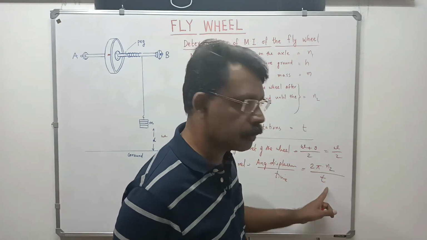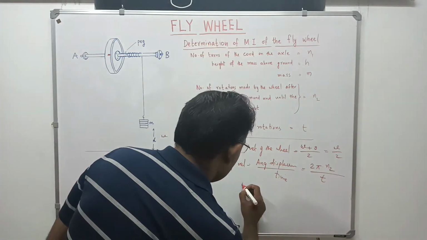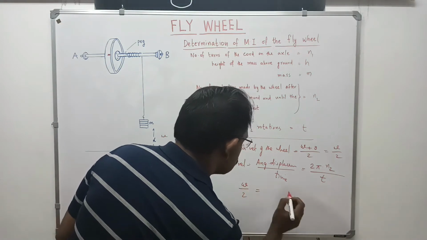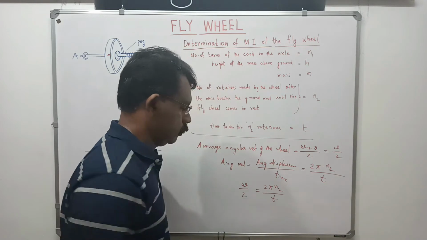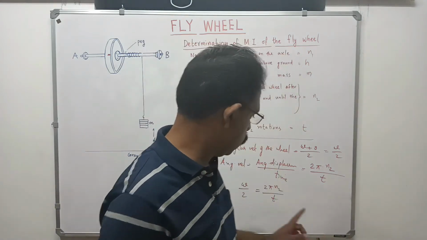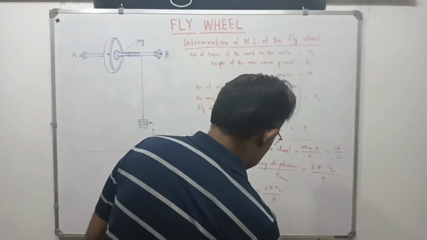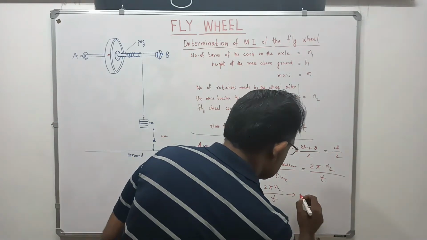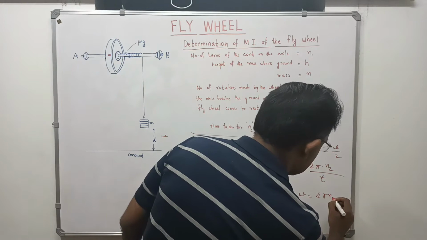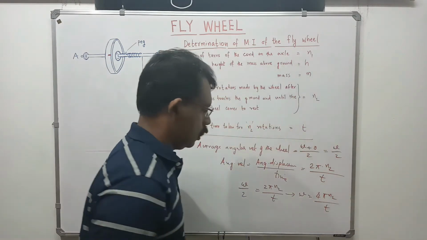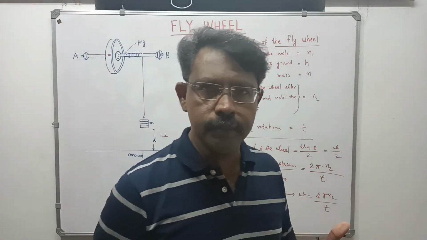So these two should be same. So I can write omega by 2 should be equal to 2π n2 divided by t. Okay, this is what we are getting. From this I can get omega, cross multiplying, as 4π n2 divided by t. So this is the equation for omega I am getting.